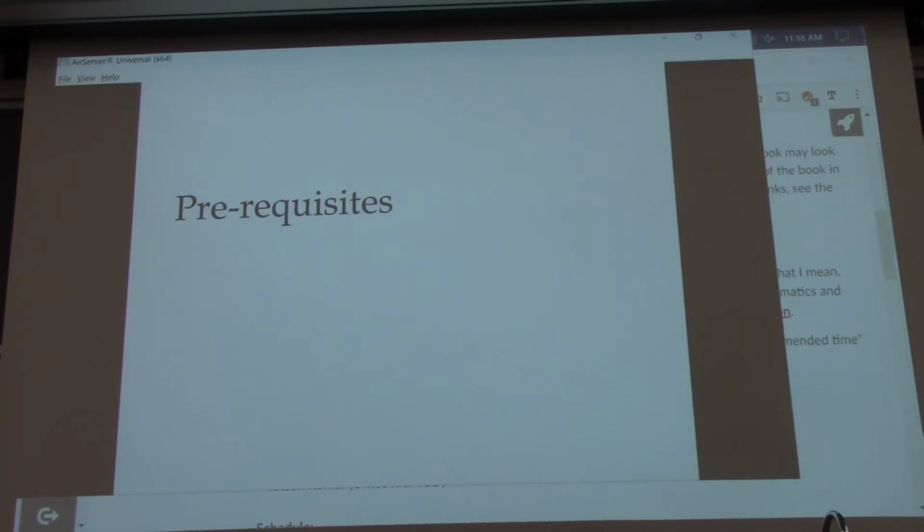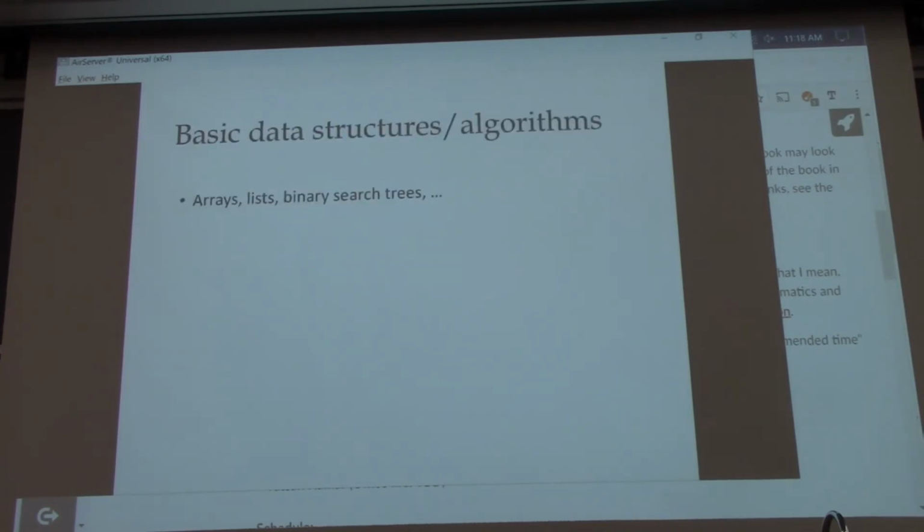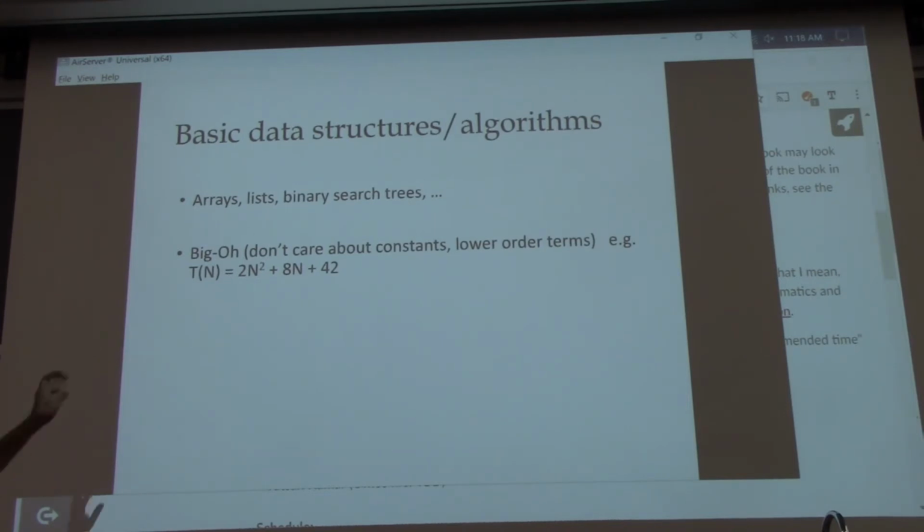Okay, so what about prerequisites? I mentioned a little bit earlier. I expect a little bit of knowledge about basic data structures and algorithms. So for instance, you should know what arrays, lists, and binary search trees are.